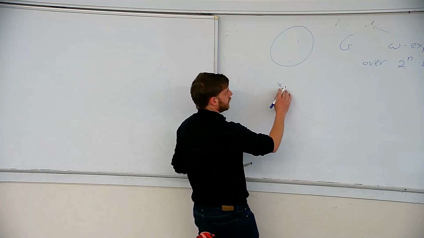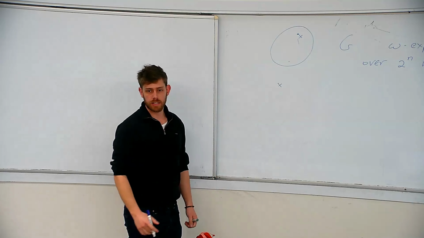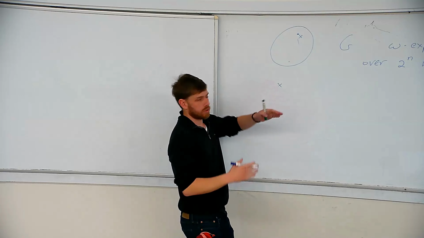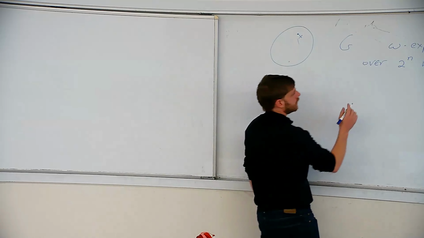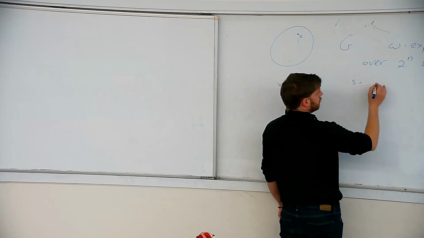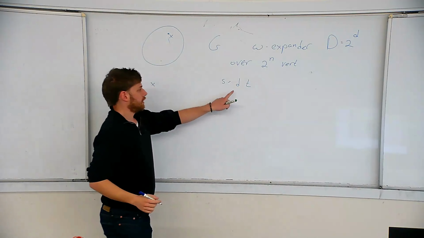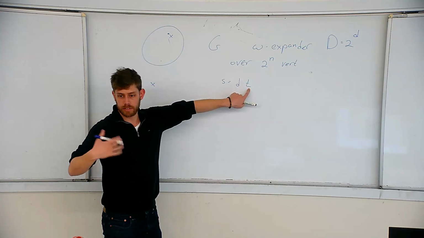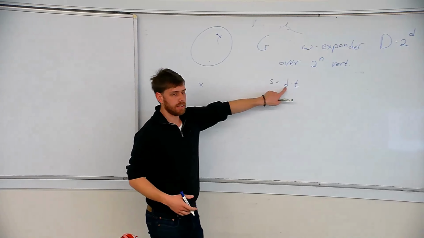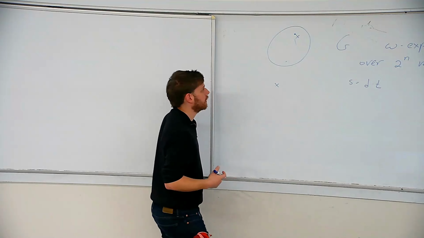Okay, so we interpret x as one of the vertices, and then we use the seed in order to choose where to step. So S is going to be D times T, where T is the number of steps we are going to perform, and D is the number of bits that we need for an instruction for each step.